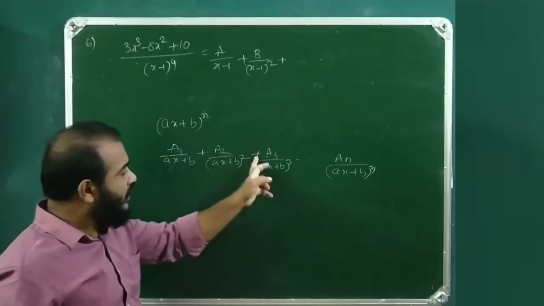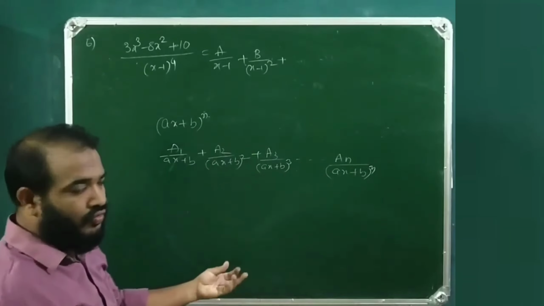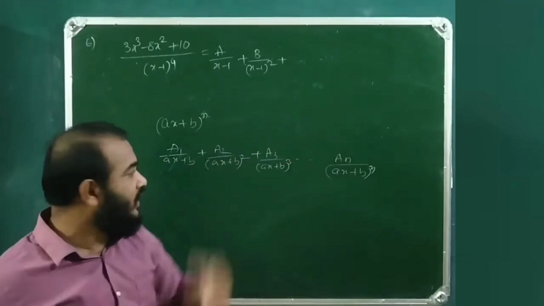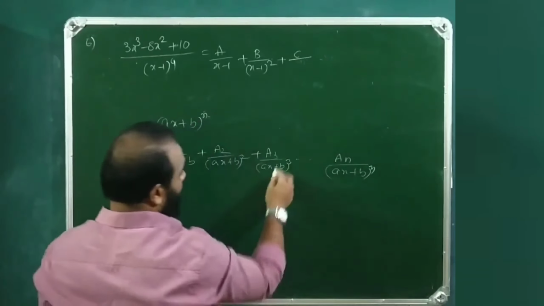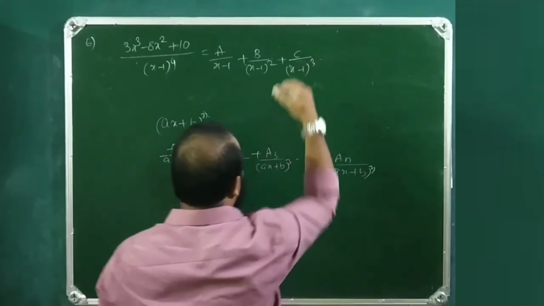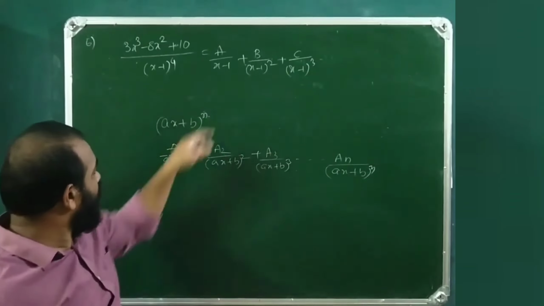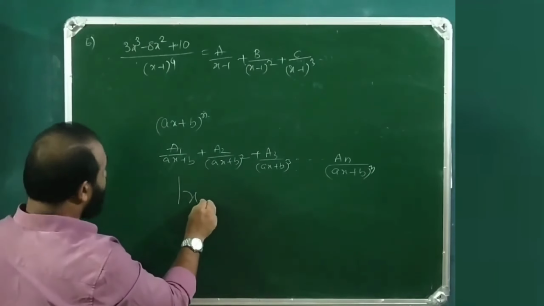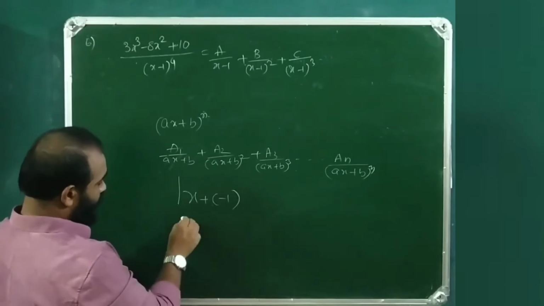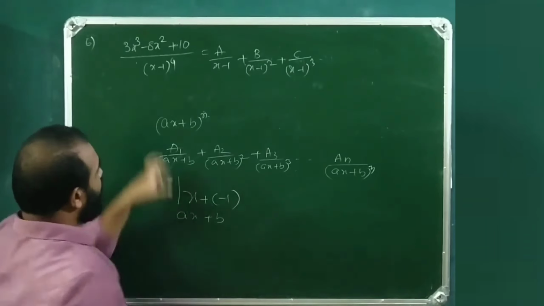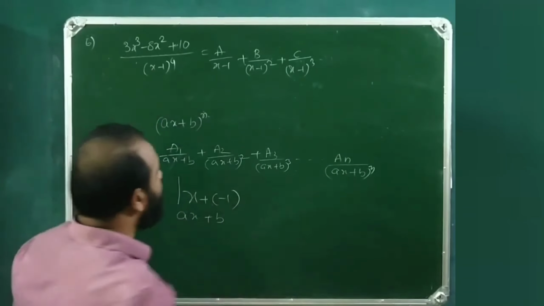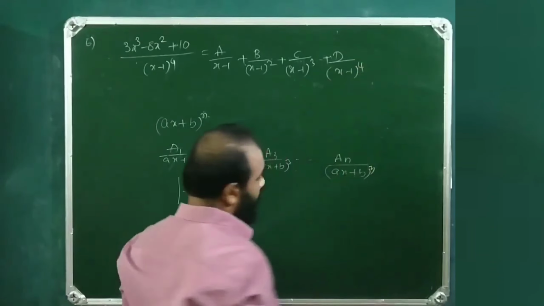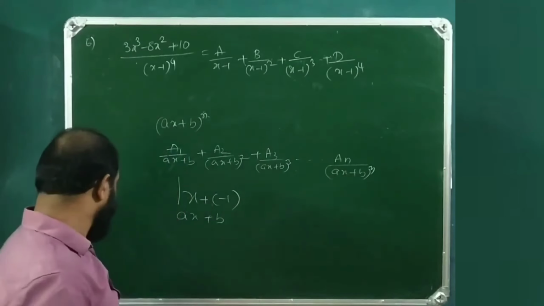So A1, A2, A3, etc., An are to be determined. So instead of A1, A2, A3, etc., I will take A, B, C, D. So C by x minus 1 whole cube, because this x minus 1 is of the form ax plus b only. x minus 1 is 1x plus minus 1. So this is the linear factor, C by, so D by x minus 1 whole power 4. So in this way we have to do.